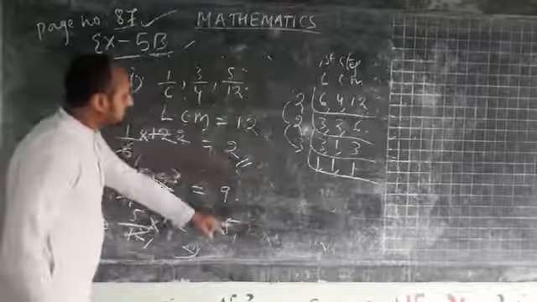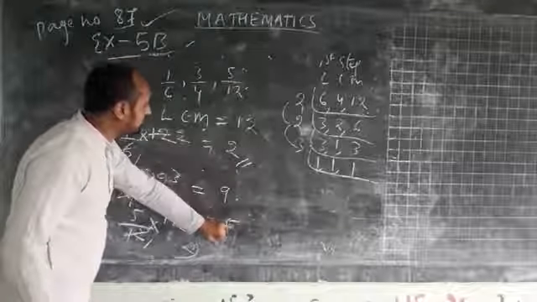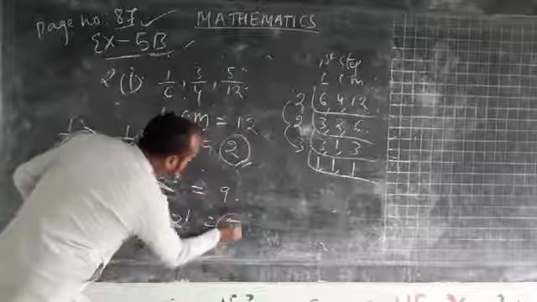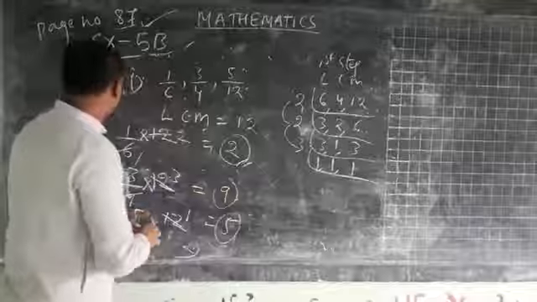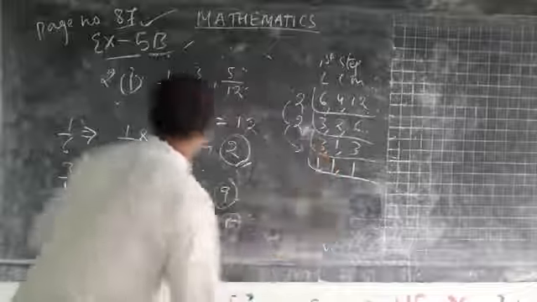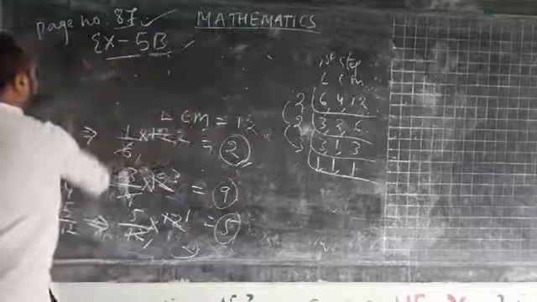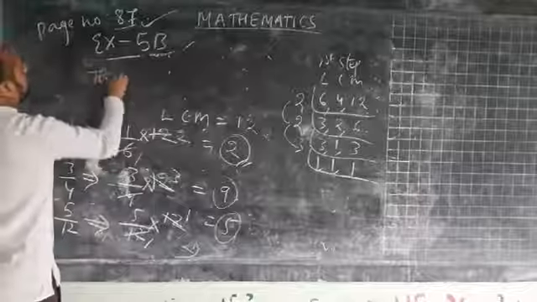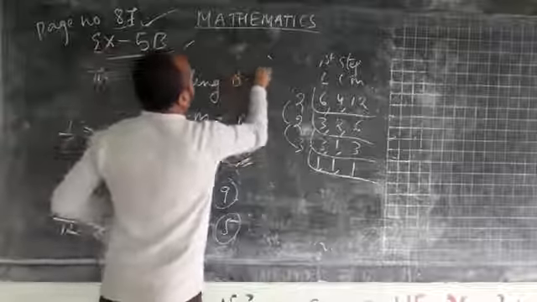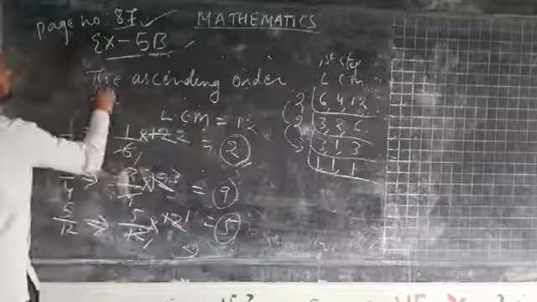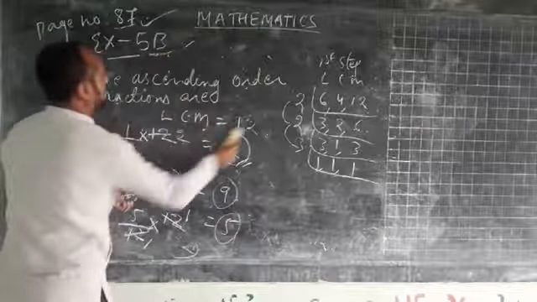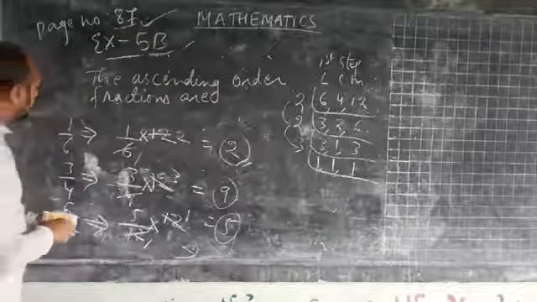Now if you compare these, 2, 9 and 5, which one is smaller? This 2 is smaller. Second one is 5, then 9. So here we can say the fractions in ascending order are: from here which one is smaller?